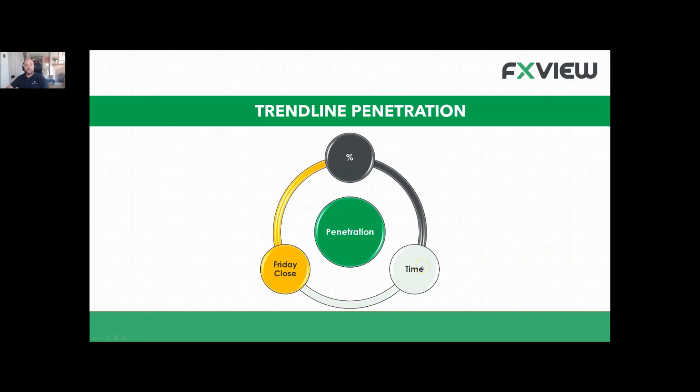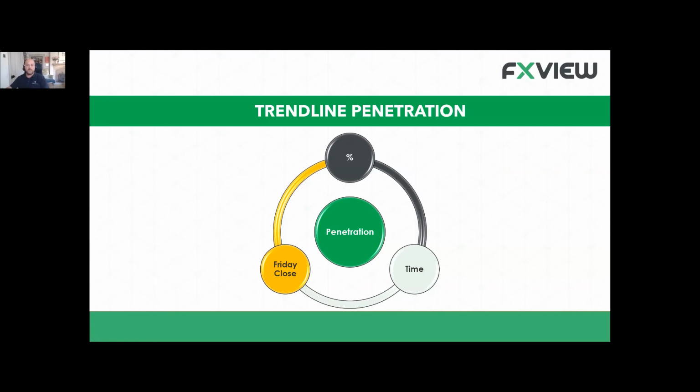Also, the time spent below a trend line. If we, for instance, have a daily trend line and we have spent 3 or 4 days below a trend line, that's far more significant than if we've just spent a few hours below it. Also what we look at is Friday's close. These are more significant levels, more significant than maybe a daily close.